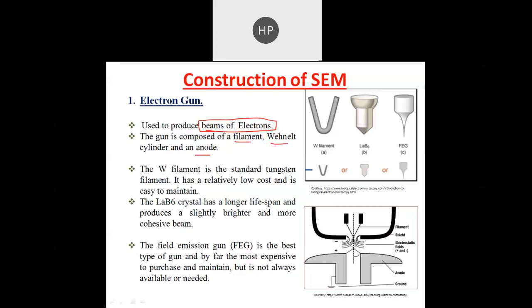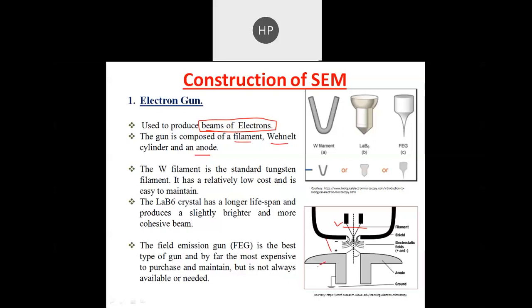So you can see here it has three parts: this is the filament, then the Van Heldt cylinder to protect, and this one is the anode.